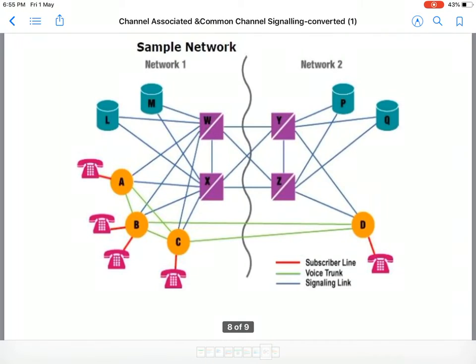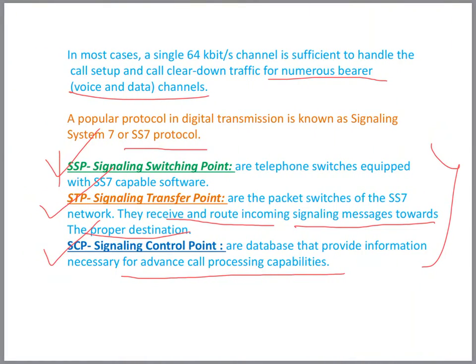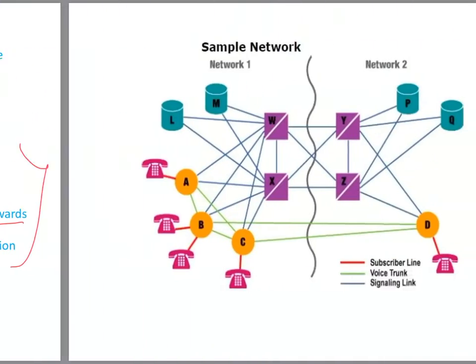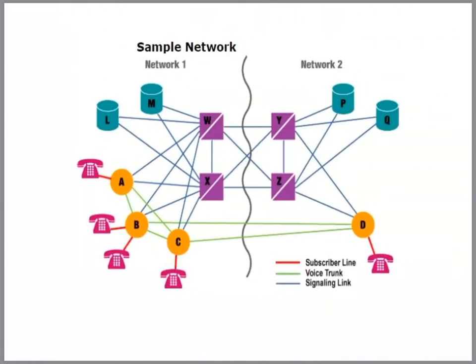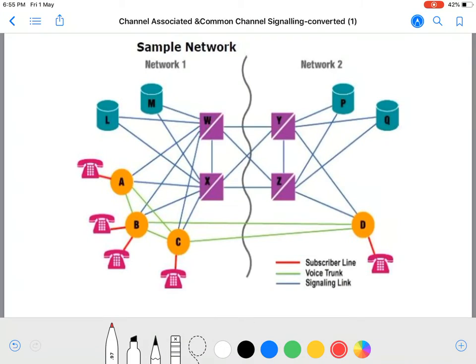So let us see a beautiful diagram that I have downloaded from the internet, but unfortunately I have not been able to put the reference. See, these are the SSPs, signaling switching points. The subscriber lines are from SSPs, and the subscriber lines are all red.